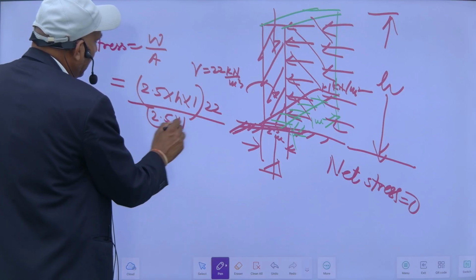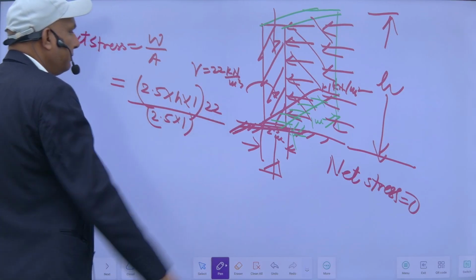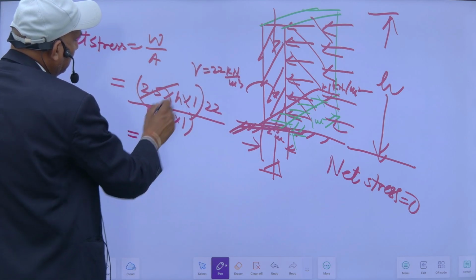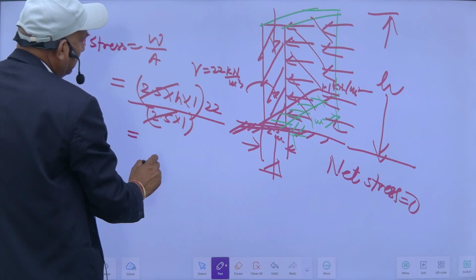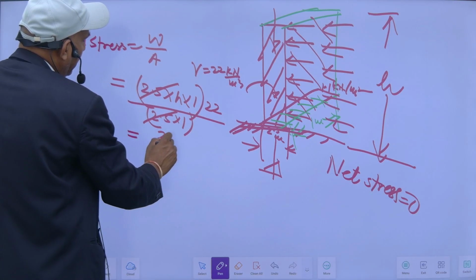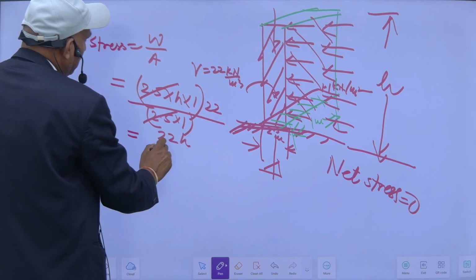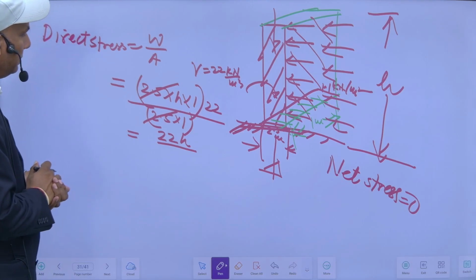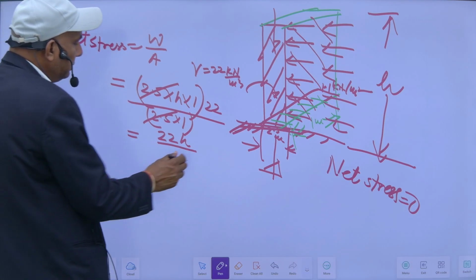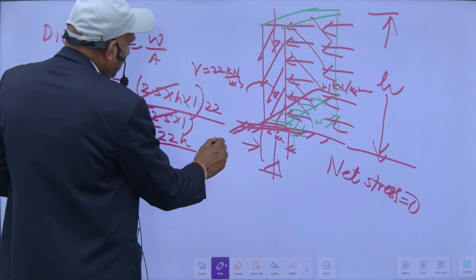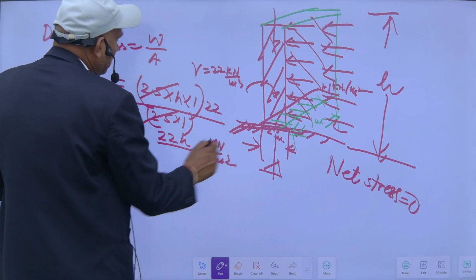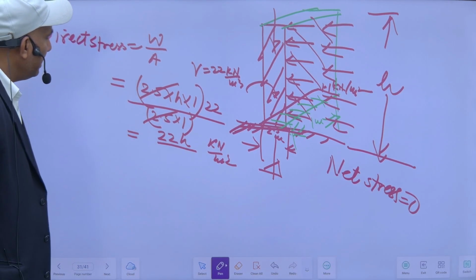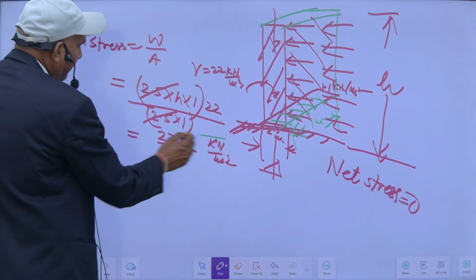So this will give the compressive stress here. So this will be 22H kilonewton per meter square. The weight is in kilonewton. So kilonewton per meter square, this is the direct stress.